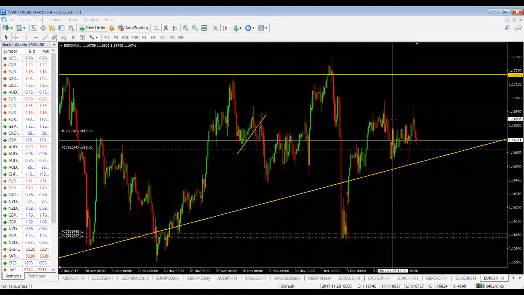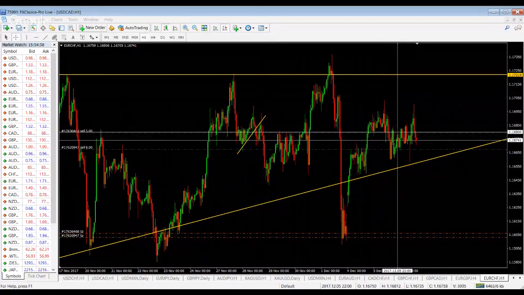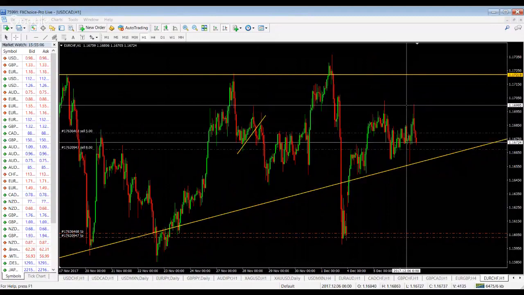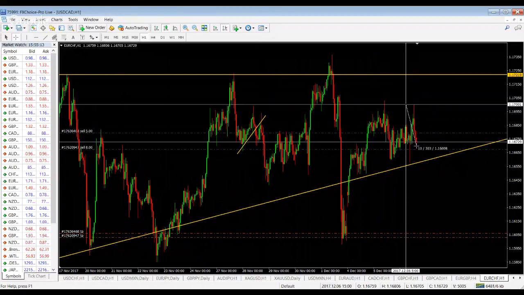But what I'm telling you is, if I say enter around 1.16700 to 1.17, that means anywhere between here to 1.16700 here, you can enter the market.